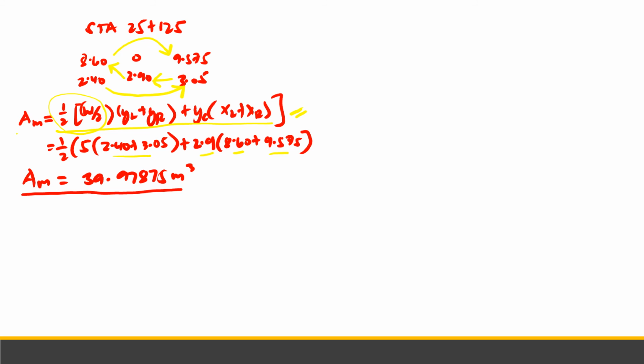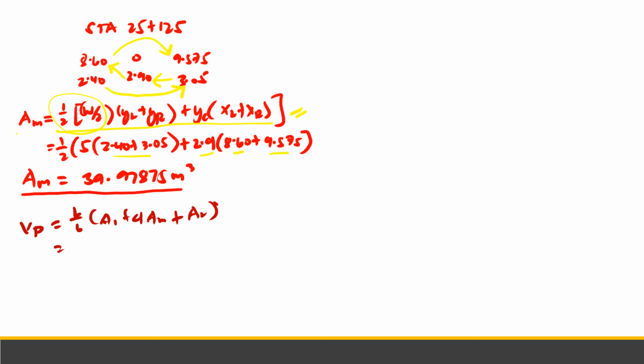Now we will solve the volume using the prismoidal formula. VP is equal to L over 6 times area 1 plus 4 times area middle plus area 2.